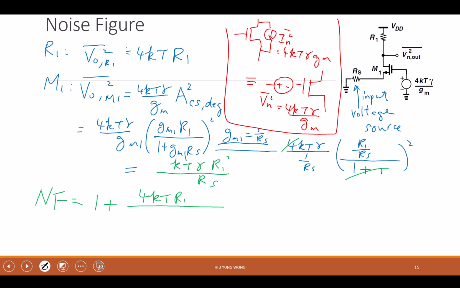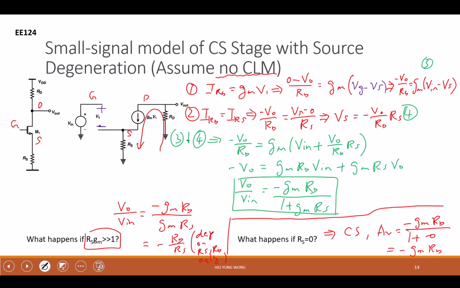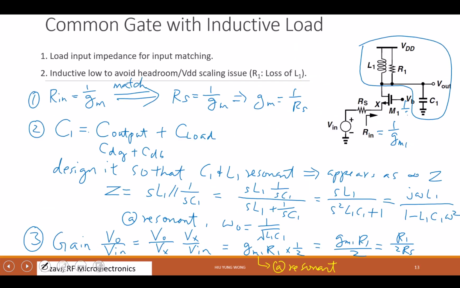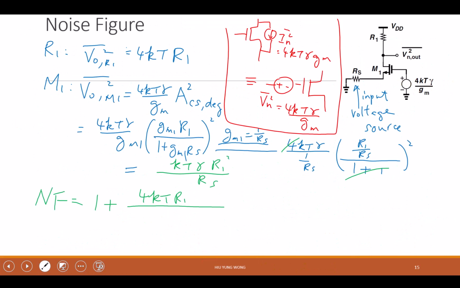The gain is a little bit complicated. The gain is R1 divided by 2Rs. We already simplified, right? Otherwise, it's squared. R1 divided by 2Rs, squared. Is that right? I made a mistake on it. Okay, times, that's why, 4kT Rs.